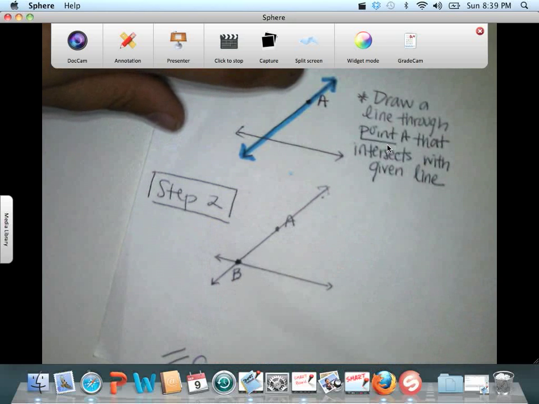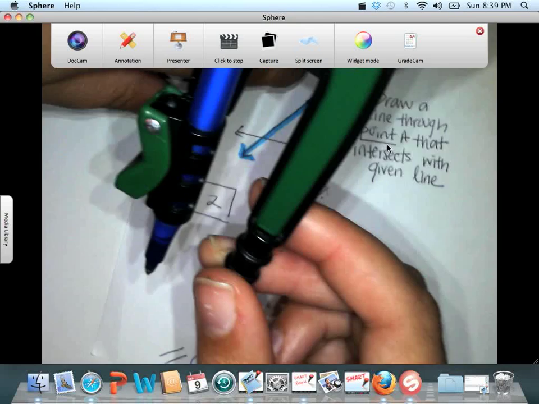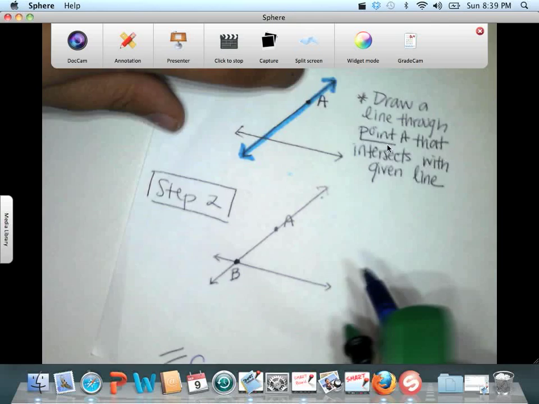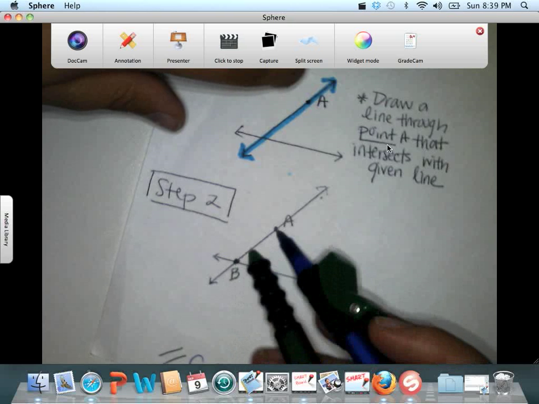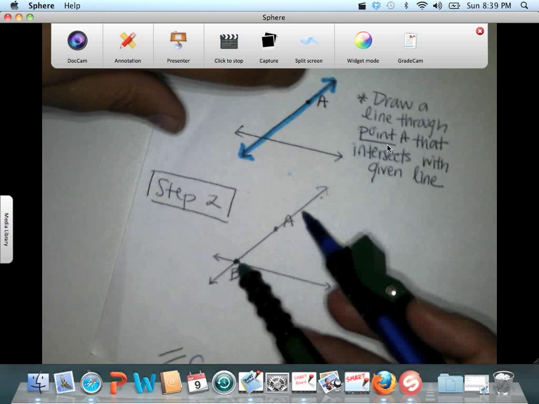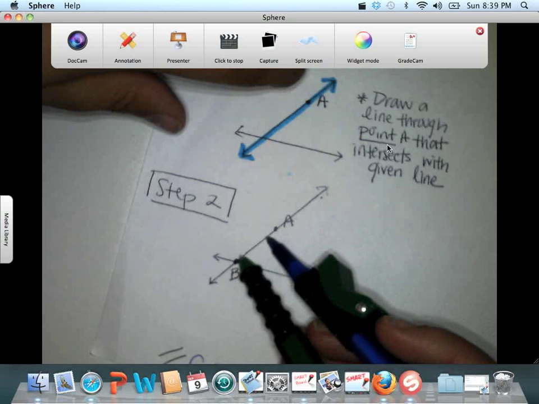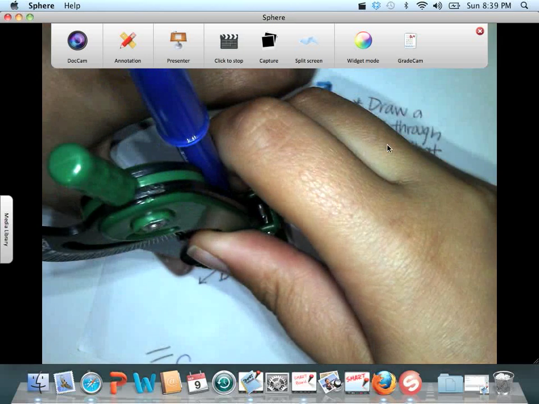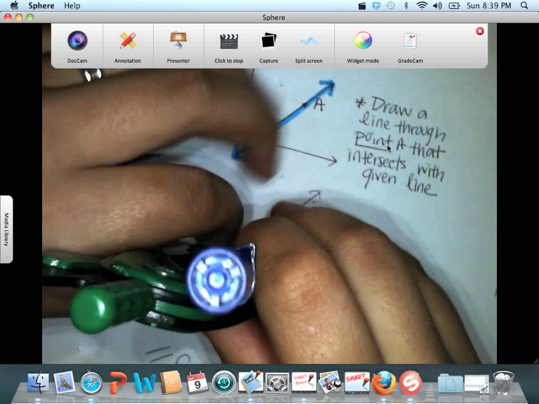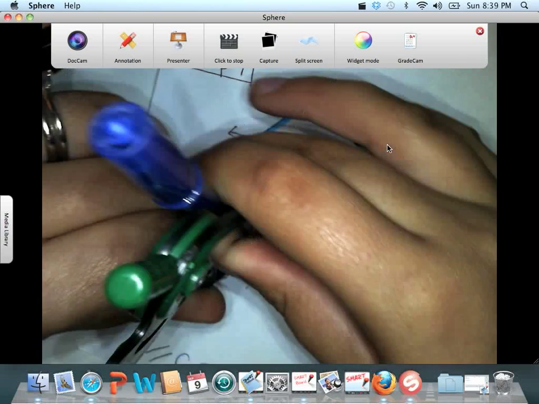So in this step, you use your compass, and what you do is you put the pointy part on B, okay? And you just kind of open it up so that the radius doesn't go bigger than where A is. You don't want it to go out here. You want it to go before you get to A, okay? Like so.